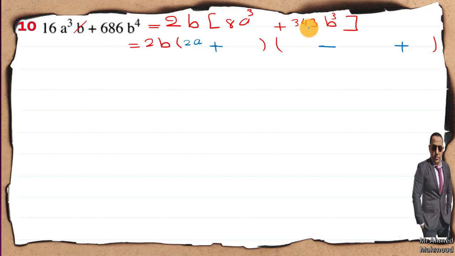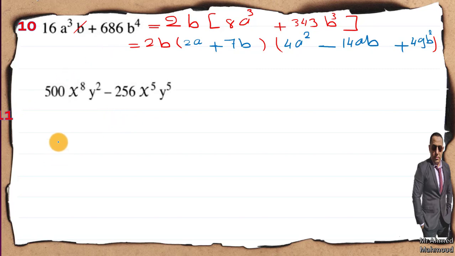Cubic root of 343b power of 3 equals 7b. 2a all power of 2 equals 4a power of 2. 7b all power of 2 equals 49b power of 2. First times second, 2a times 7b equals 14ab.